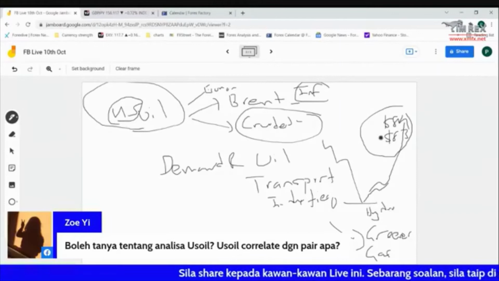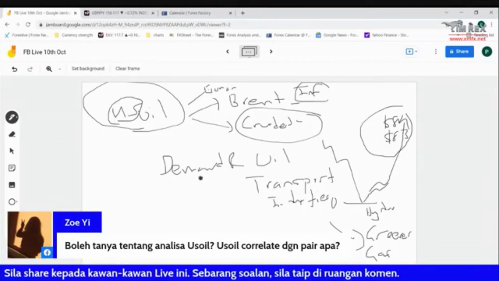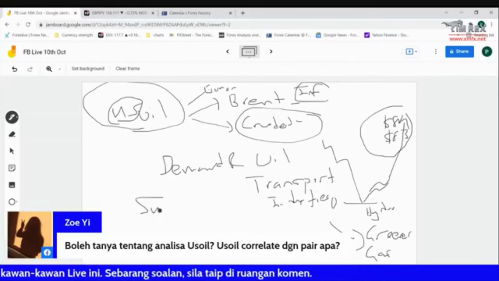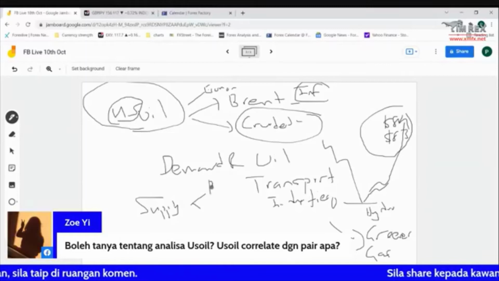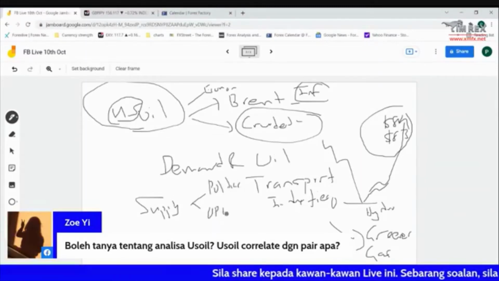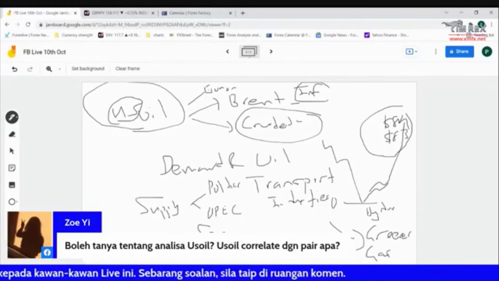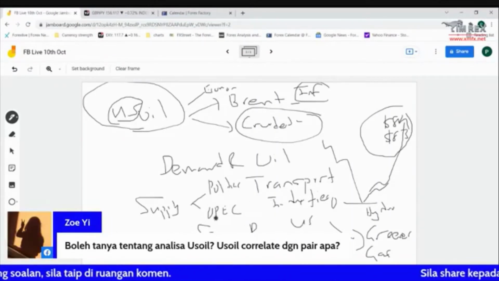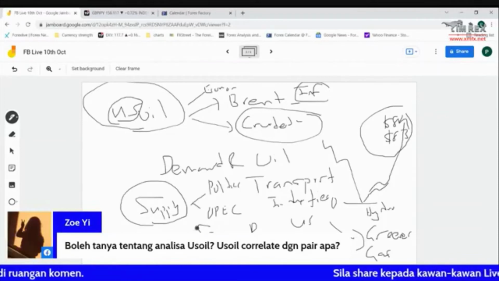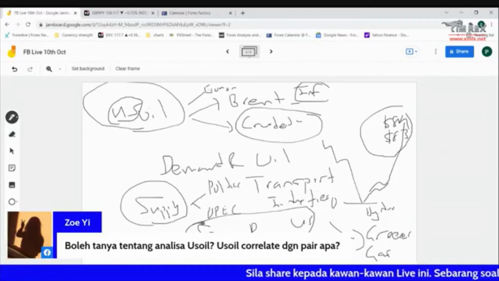But what actually drives the supply side is very interesting because it is related to politics. Okay, the OPEC. Any difference of opinion between, let's say, Saudi Arabia, Russia or the US is going to have an impact. That's why the supply part is more politically driven. That's one part.